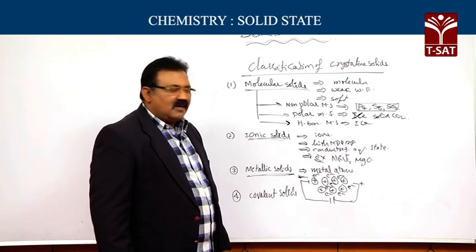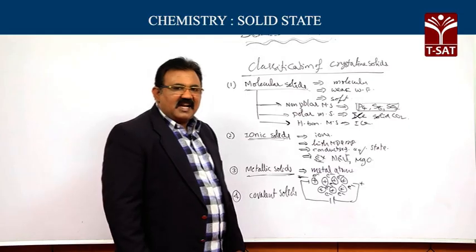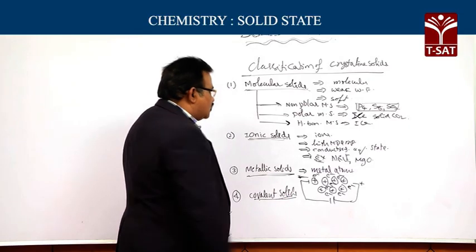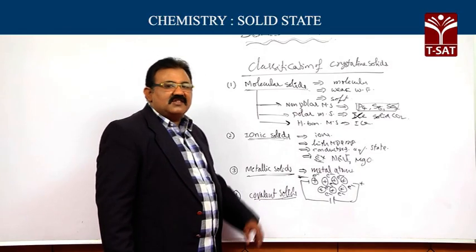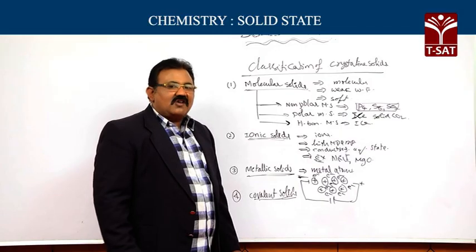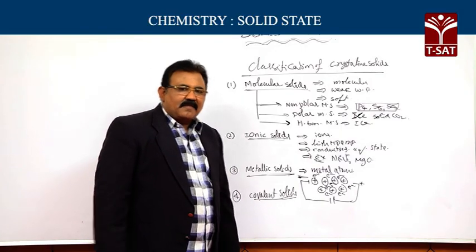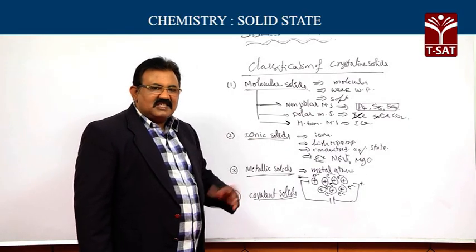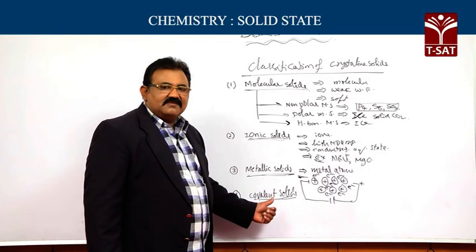These are also having high melting points because of close packed arrangements. When we talk about the covalent solids, these covalent solids are also known as network solids. The diamond, graphite, silica, quartz, tridymite, all of them come under covalent solids.